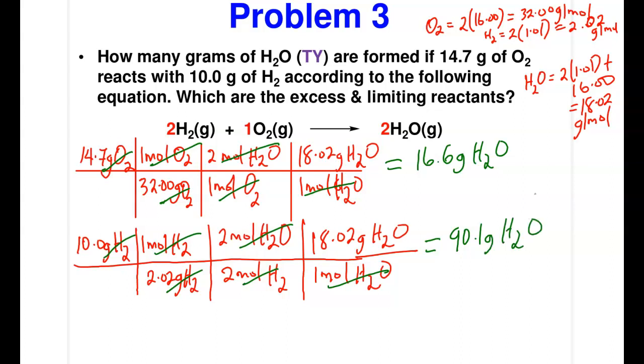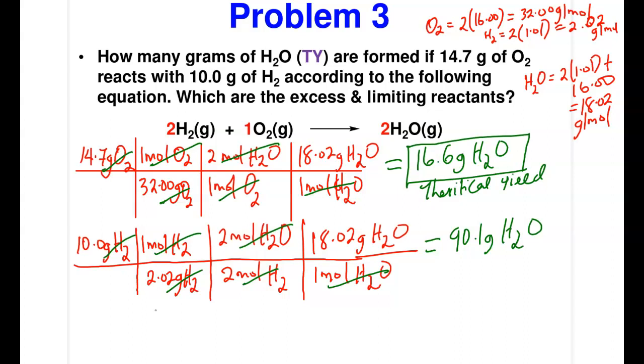From here, it is clear and apparent that our theoretical yield, the amount of water that will be produced theoretically, is this. This is the amount of water that will be generated in this reaction that's possible to be generated. And then the limiting reactant is going to be our oxygen.